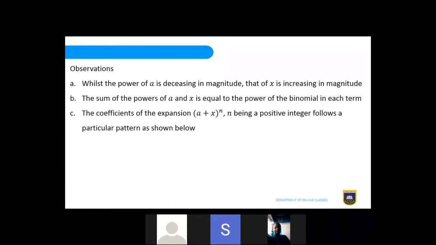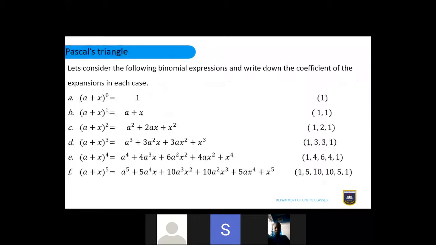Now let's go back to the previous slide and check that. Let's take the last example here. The second term, when I add the power of a to the power of x, that's 4 plus 1. I will get 5.